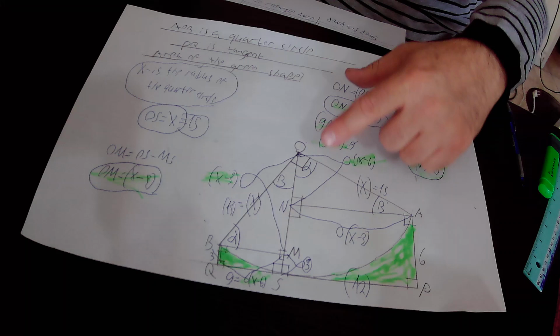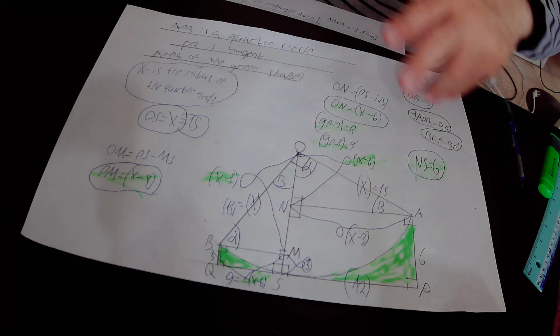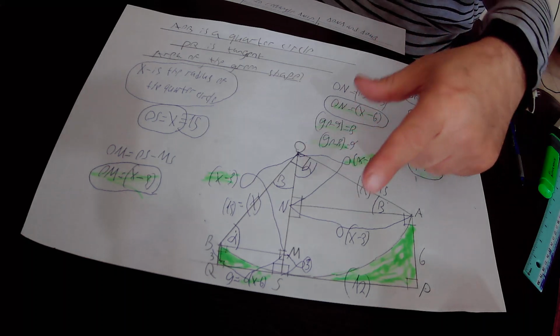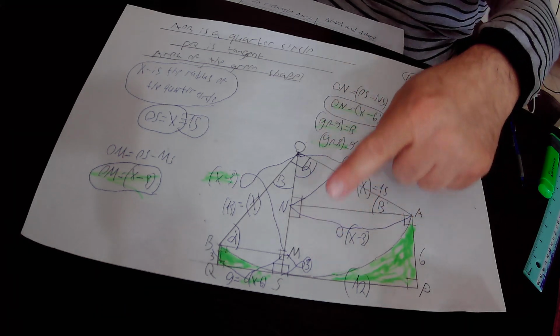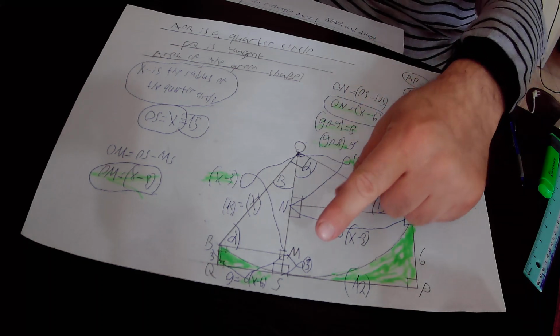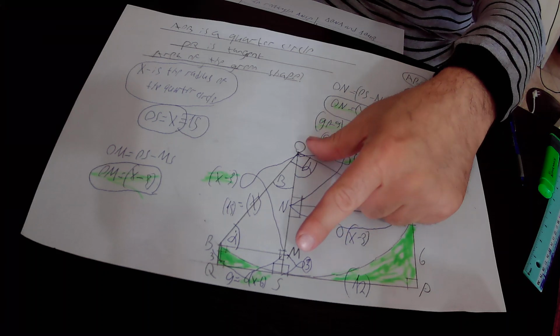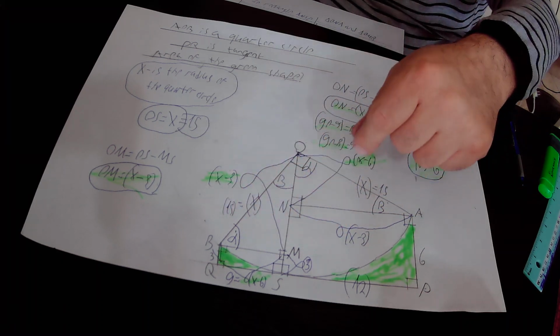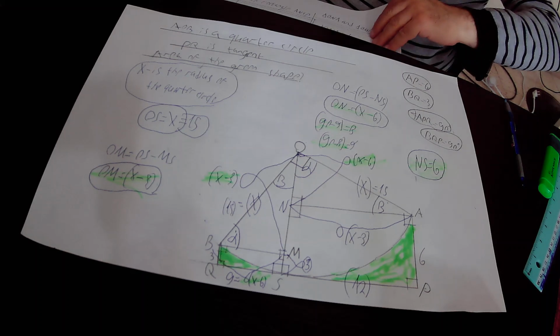OS is the radius of this quarter circle, equal to x. OS is a radius, so it is absolutely a straight line, and MS is part of the straight line OS. So part of the straight line OS is parallel to BQ, therefore the straight line OS itself must also be parallel to BQ.